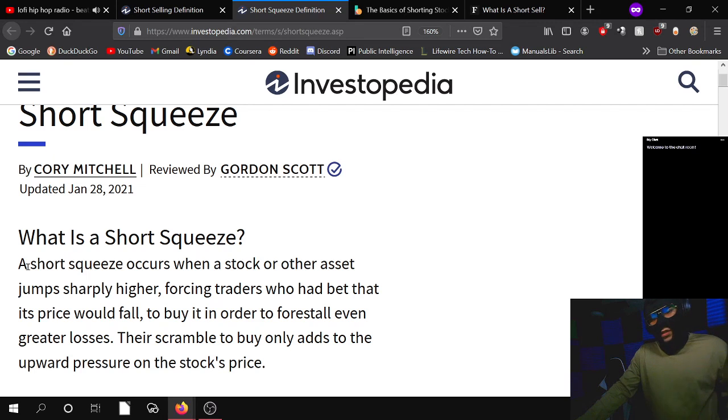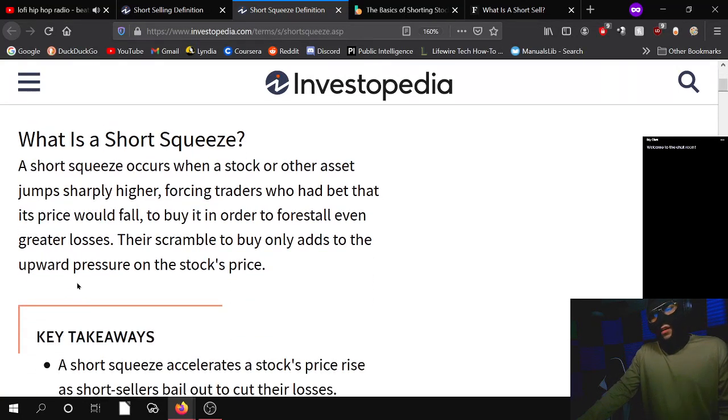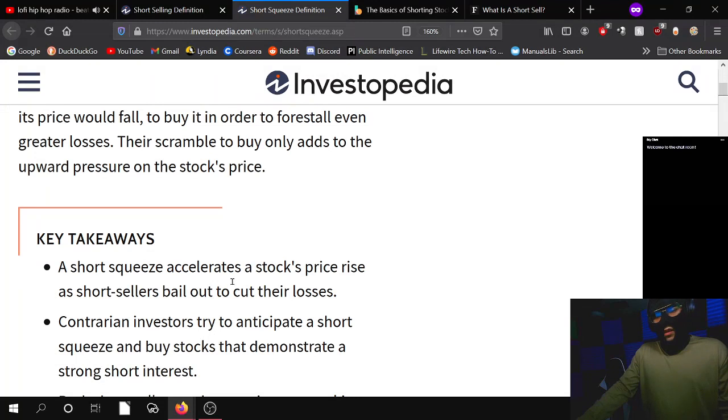A short squeeze occurs when a stock or other asset jumps sharply higher, forcing traders who have bet that its price would fall to buy it in order to forestall even greater losses. The scramble to buy only adds to the upward pressure on a stock's price. Key takeaways.